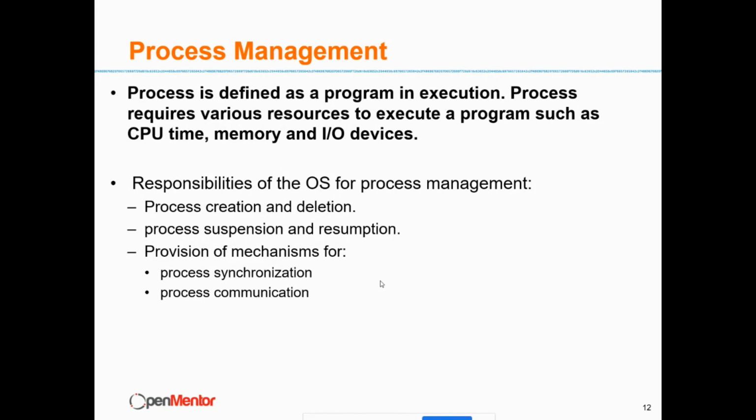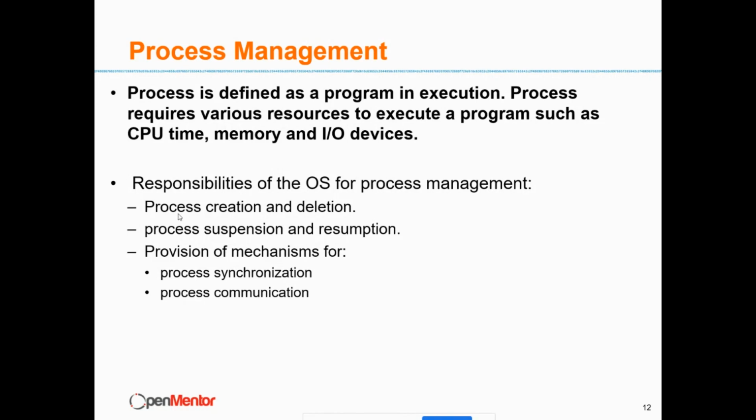Suppose you have written a C program to print something. It requires some CPU, some memory, and a connection to the printer, right? Now, the responsibility of the operating system for process management is that it should create the process and delete the process.